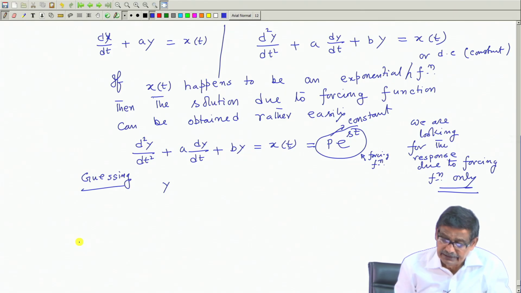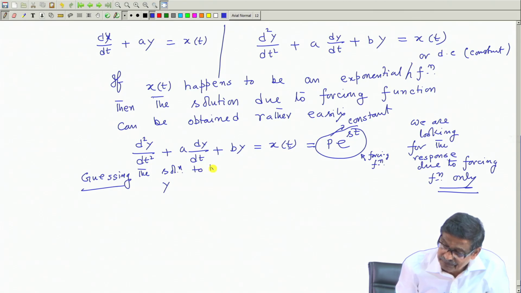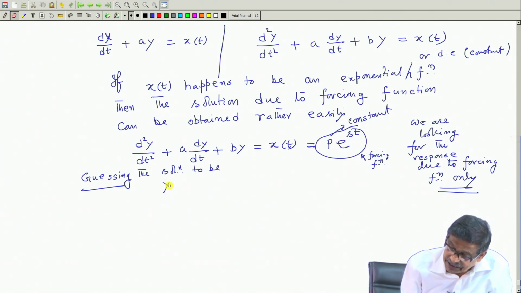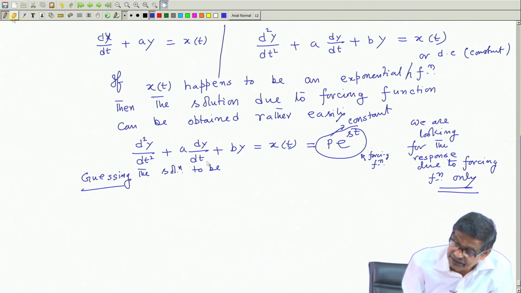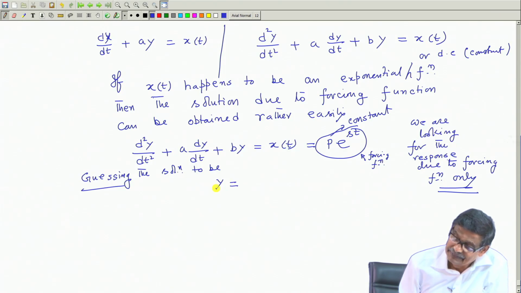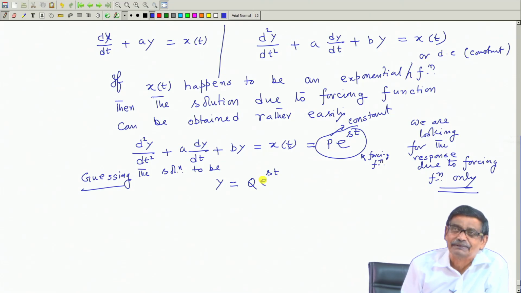Therefore, we are guessing the solution to be, this very interesting point, some q into e to the power s t. It has to be, nothing doing, p e to the power s t.